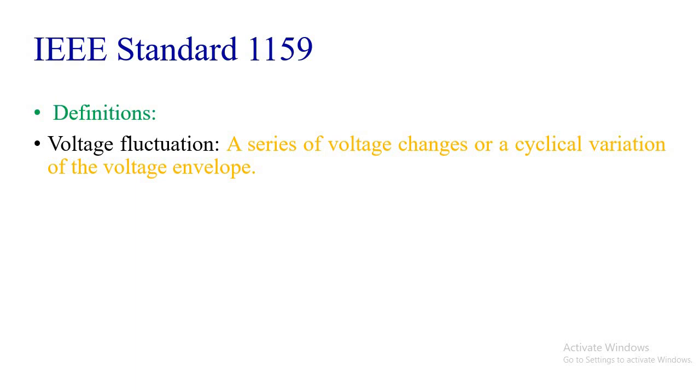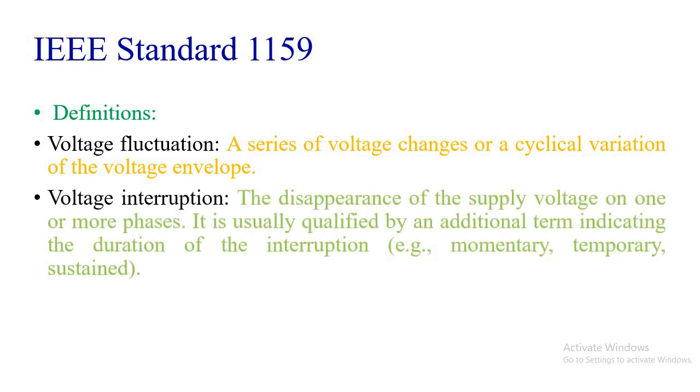And next is voltage fluctuation. It is a series of voltage changes or a cyclical variation of the voltage envelope. Next is voltage interruption, the disappearance of the supply voltage on one or more phases, and it is usually qualified by an additional term indicating the duration of the interruption, temporary or sustained.